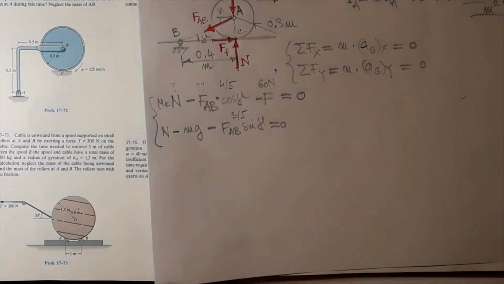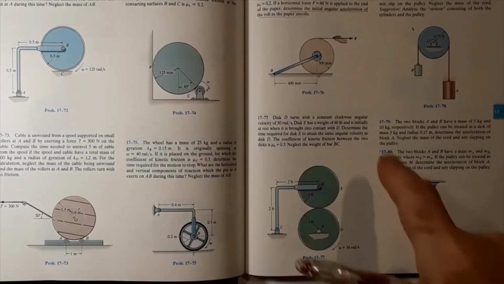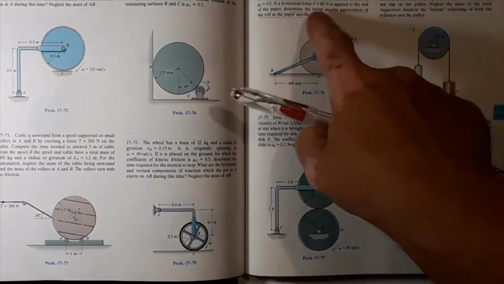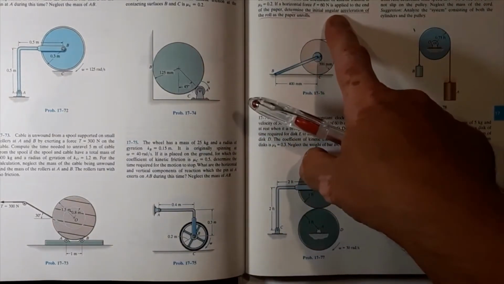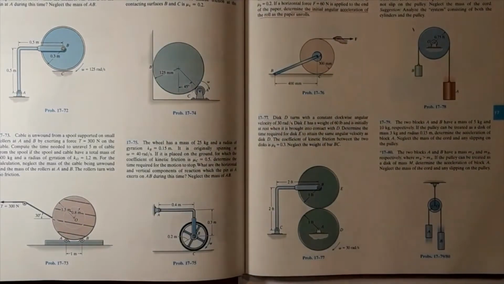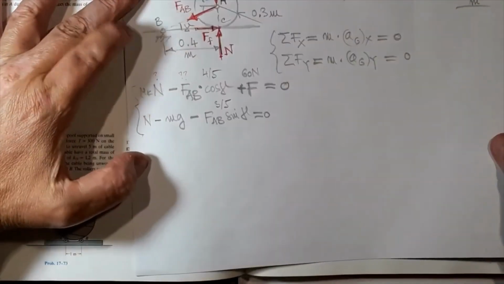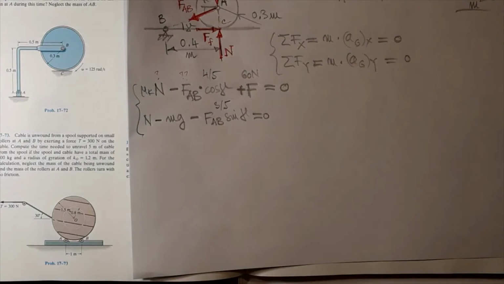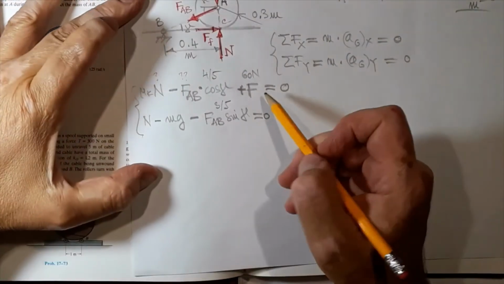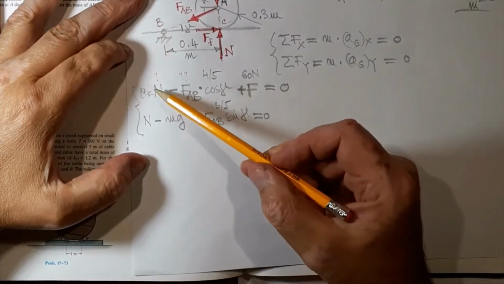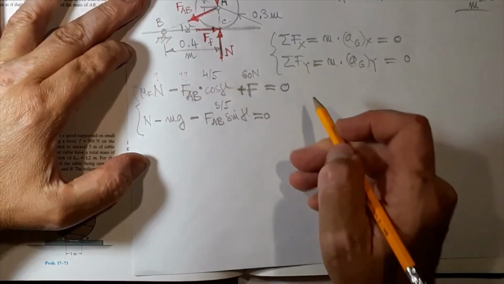Actually, we need the moment equation just to find the initial angular acceleration alpha of the roll as the paper unrolls. Okay, so all good so far. We have the force equations. This allows us to calculate the normal force and the force in the bar FAB.